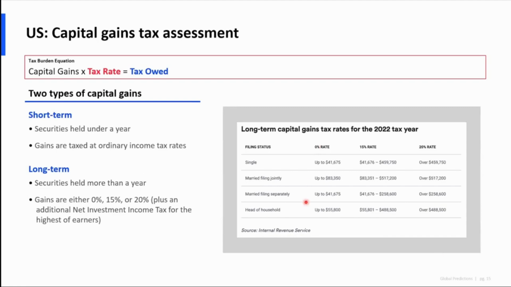The thing I'll say about the US is, if you can, you generally want to only realize long-term capital gains, because the long-term rates are a lot more generous than the short-term rates, which are your ordinary income rates. And so it's quite punitive to hold something for less than a year, sell it at a gain, and have to pay out a lot of taxes when you would have rather potentially held it for longer. But if you've sold it at a short-term gain, you can always do the harvesting that we're going to talk about to try to mitigate that.